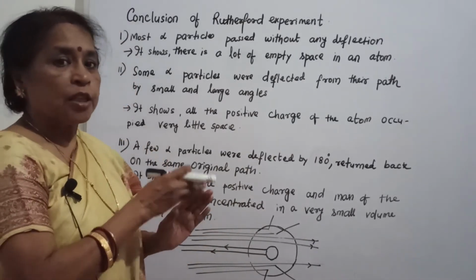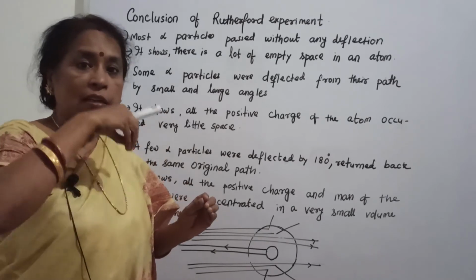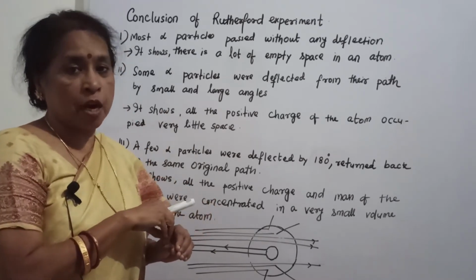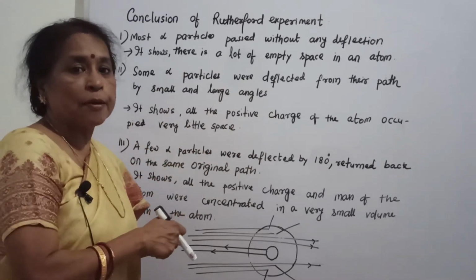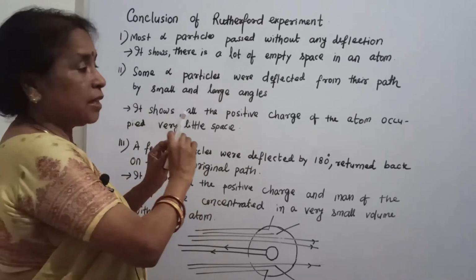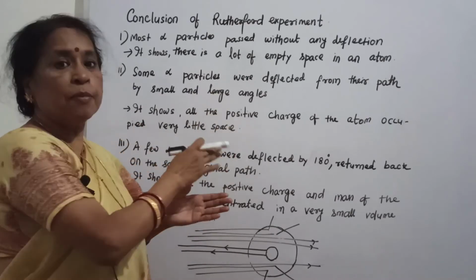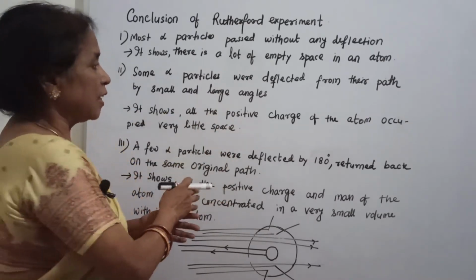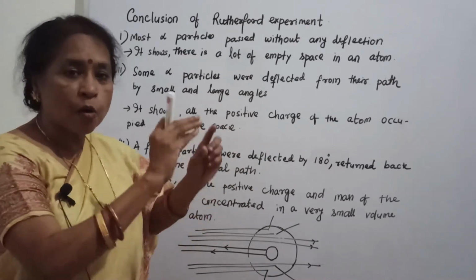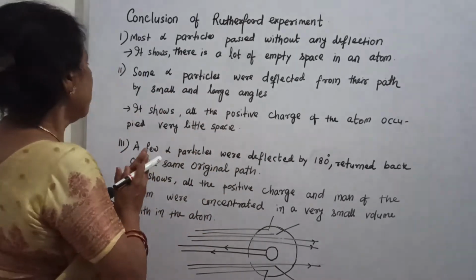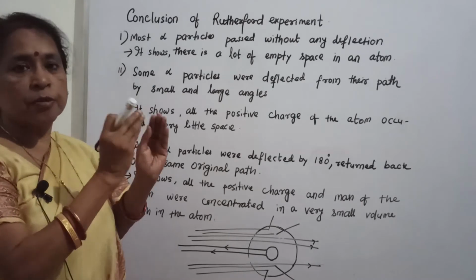The alpha particle itself is positively charged, so positive and positive repel, and it is deflected by a small or large angle. That is why it indicates that the positive charge of the atom occupies a very small space.